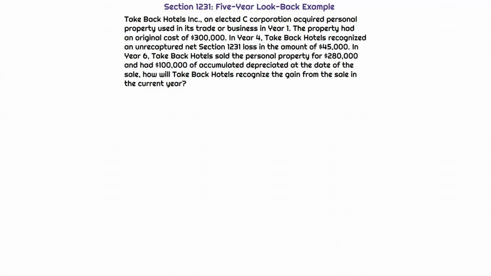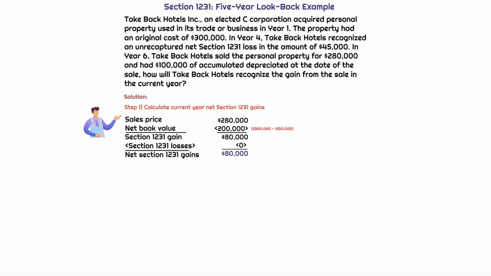In year 6, Take Back Hotels sold the property for $280,000 and had $100,000 of accumulated depreciation at the date of the sale. So we want to know, how will Take Back Hotels recognize the gain from the sale in the current year? So again, in step 1, we're focused on the current year net Section 1231 gain.